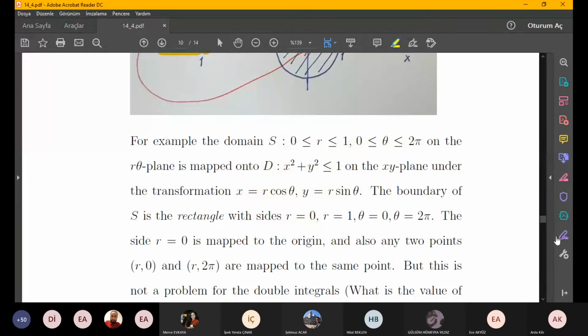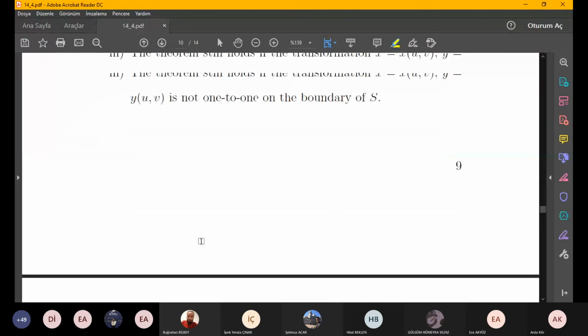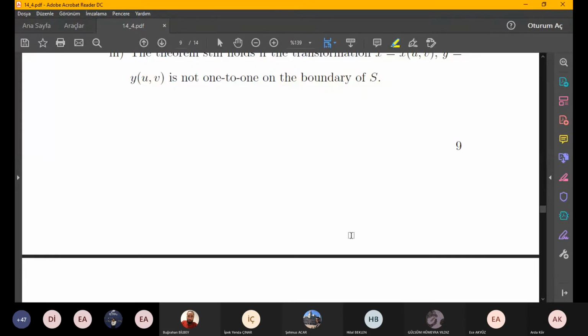So now we will try to see that even if the boundaries are not one to one, it will not affect the calculation. It will not affect the theorem.